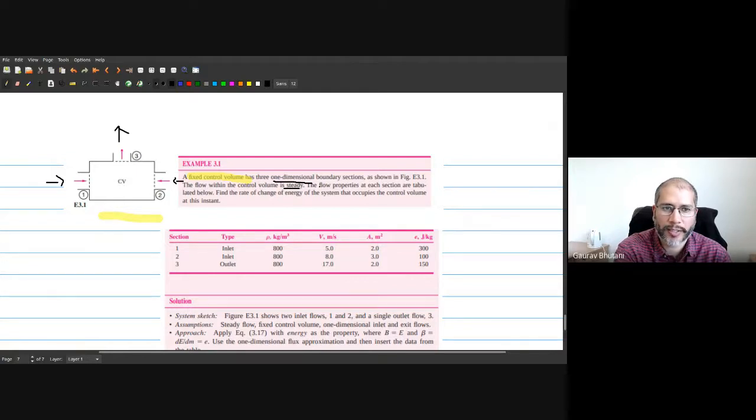It's a steady state situation. The flow properties at each section are tabulated below. You have to find the rate of change of energy of the system that occupies the control volume at that instant.